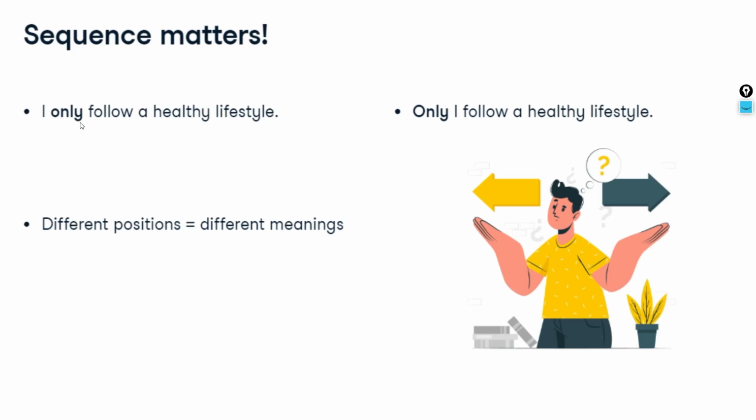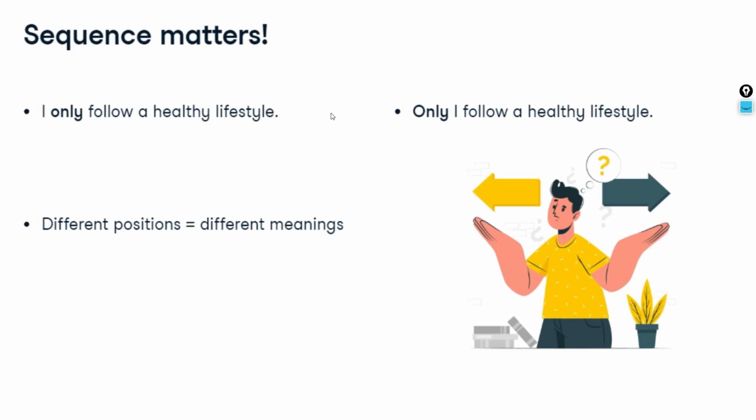It's more conceptual, because when you know NLP concepts like transformers and RNNs, and have explored these architectures, you would understand why sequence is so important. Just to give an idea, take the sentence: I only follow a healthy lifestyle. If I move only, as in only I follow a healthy lifestyle, there is a lot of difference based on the position of the word only.